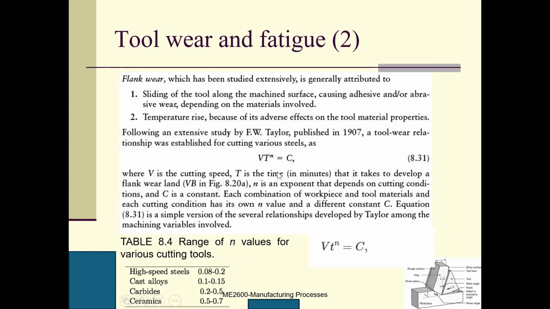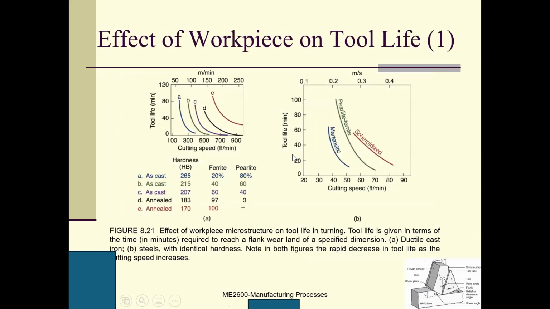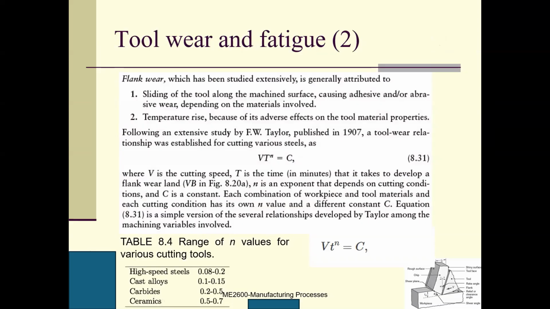Although Taylor is a genius engineer, he gave us this equation, but as time goes on, people have modified it a little bit to also include the influence of the other two cutting parameters. Here is the cutting speed, and then we have the feed rate and depth of cut, which are also included.